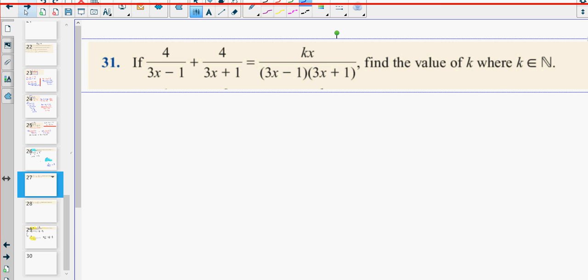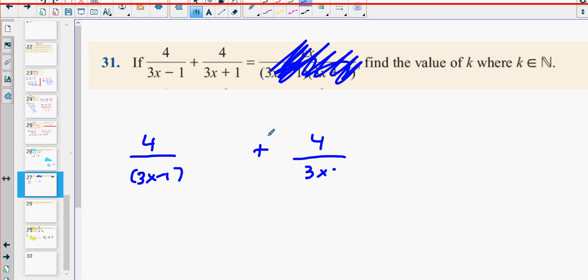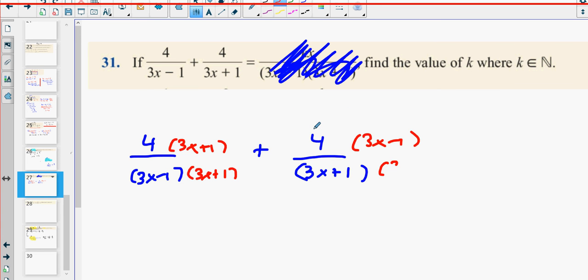Okay, this one. I think I told you yesterday that you just basically ignore that side for a minute, don't you? And then what you do on the other side. Okay. Then after that, 3x plus 1 and 3x plus 1, and then 3x minus 1 and 3x minus 1.